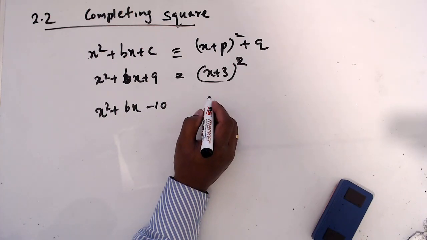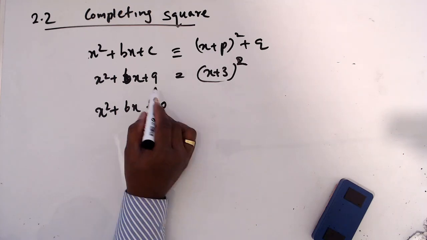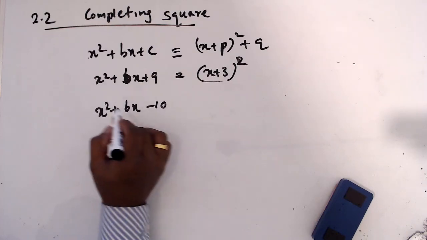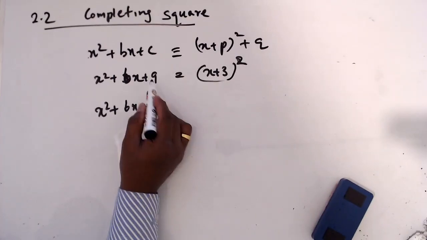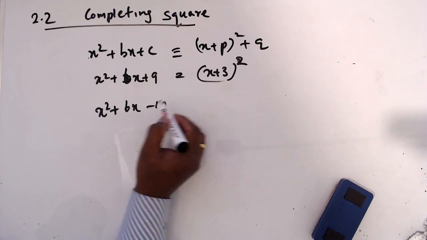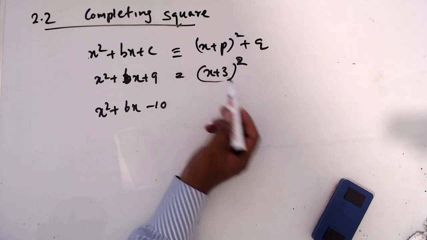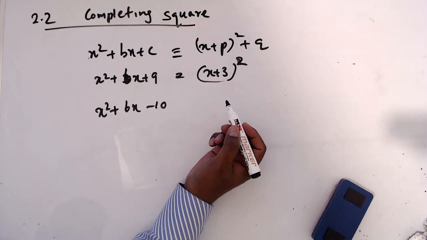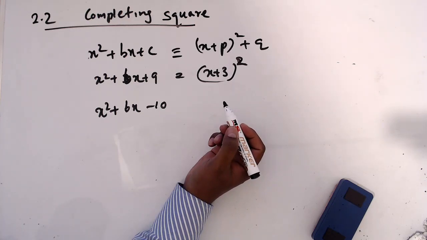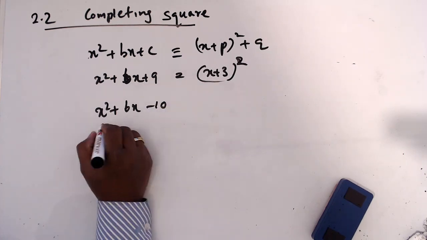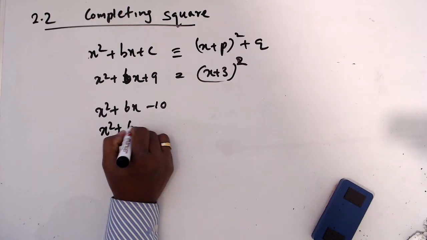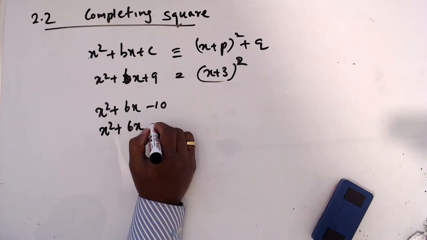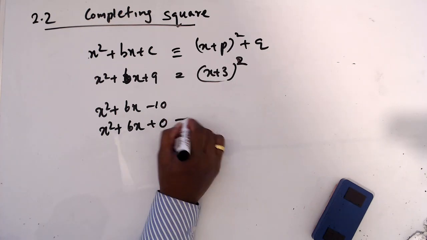We know that if we have x squared and 6x here, if I have plus 9, then I can write (x plus 3) squared. I think you know my plan now. My plan is to add this 9 now again. x squared plus 6x plus 0 minus 10.